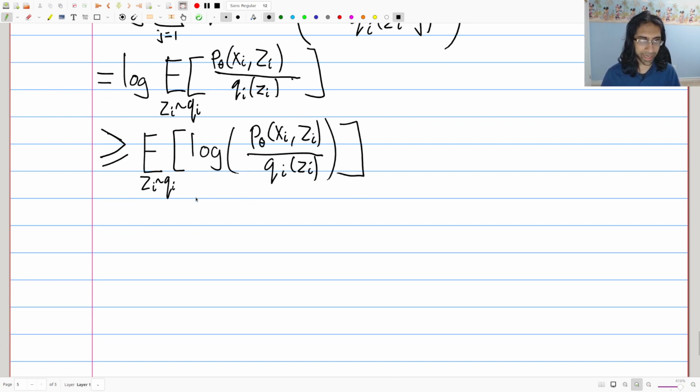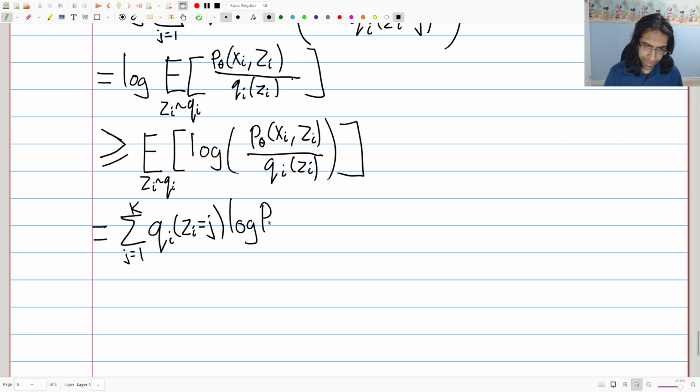out and write it again as an expectation, write it as an explicit sum. So this is equal to summation over, say, j equals 1 to k of qi ci equals j. And let me break up this log at the same time. So we're going to have log of p. Do I want to do this? Yeah, I'll do this for now. I'm going to undo it a bit later, but we'll see.